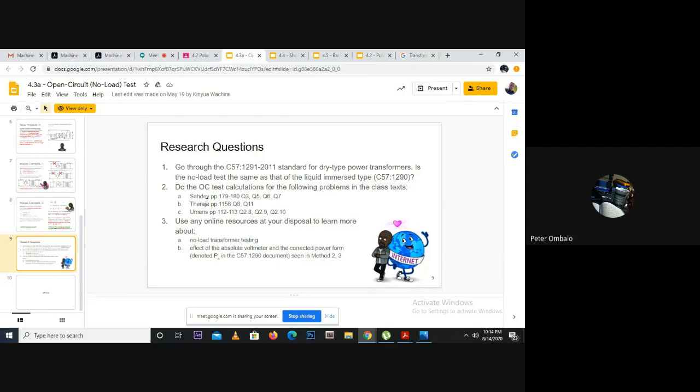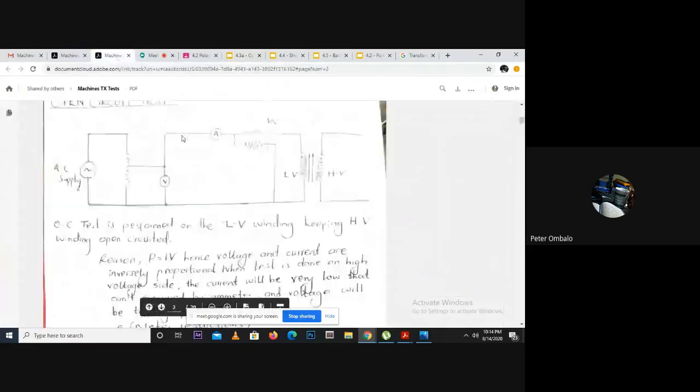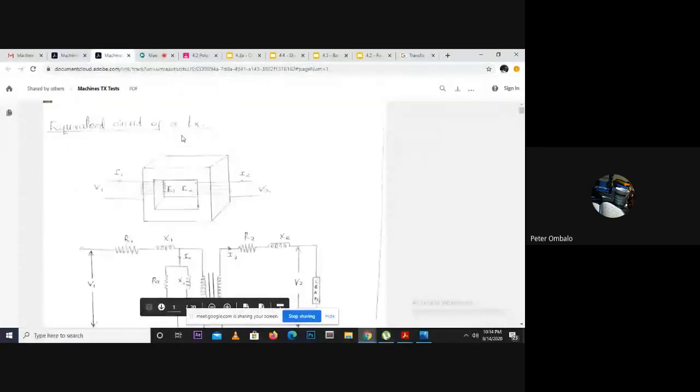I was using Sadev and Theraja mostly. So I went through all these questions, which we are going to answer in a bit, but I left question 7 and question 11 for us to attempt, and then I'll send the results after.